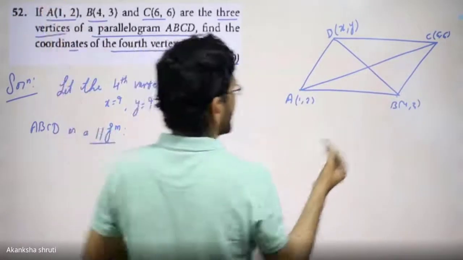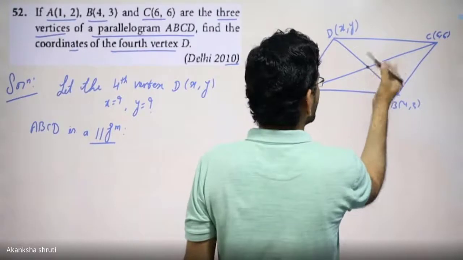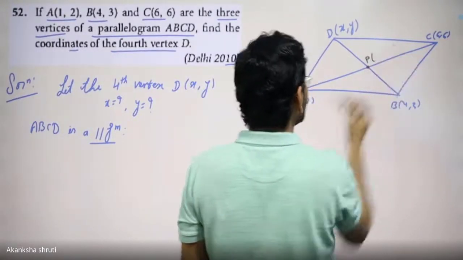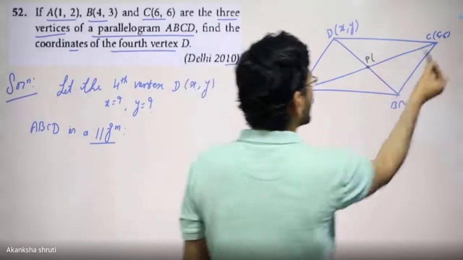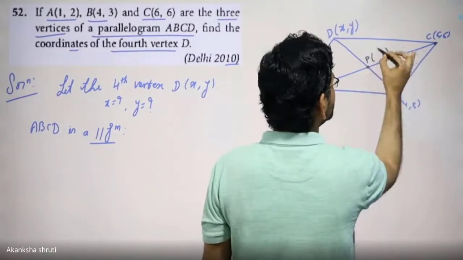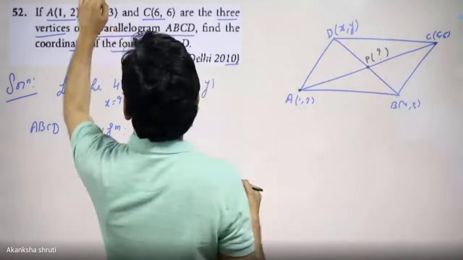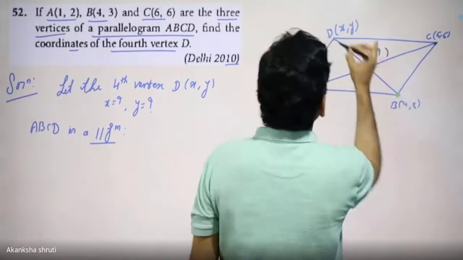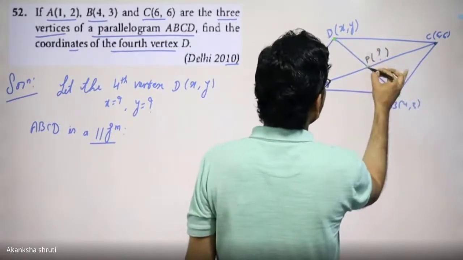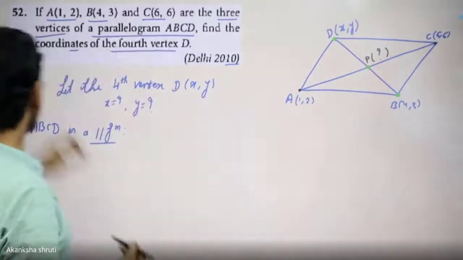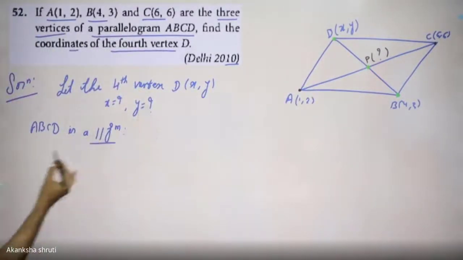Means whatever the point P where these diagonals intersect, this P will be the midpoint of A and C, and the same will also be the midpoint of B and D. So these points must coincide. That property is more useful.